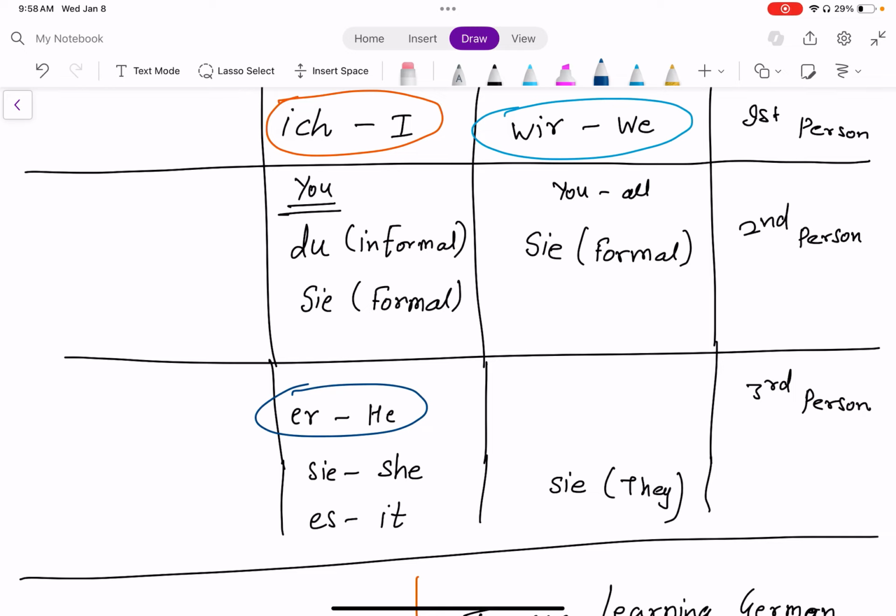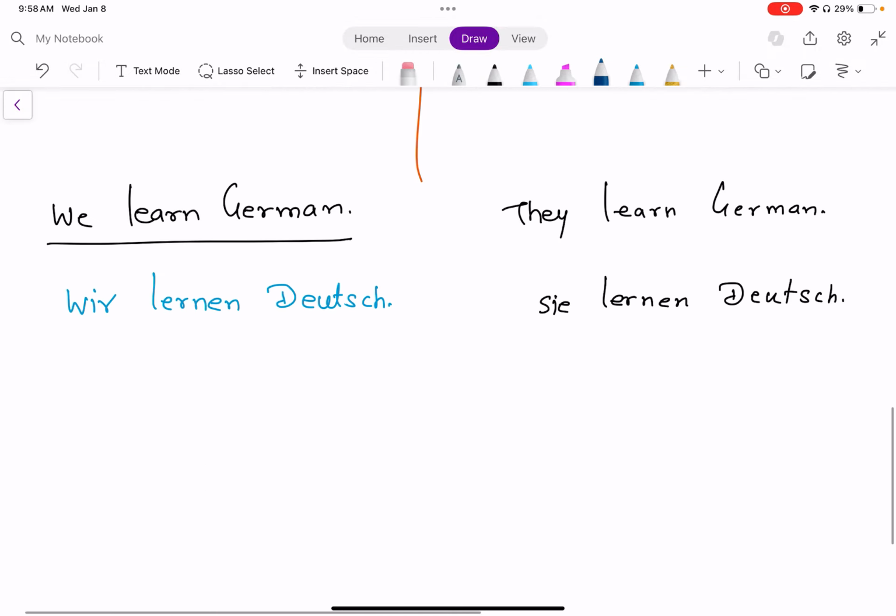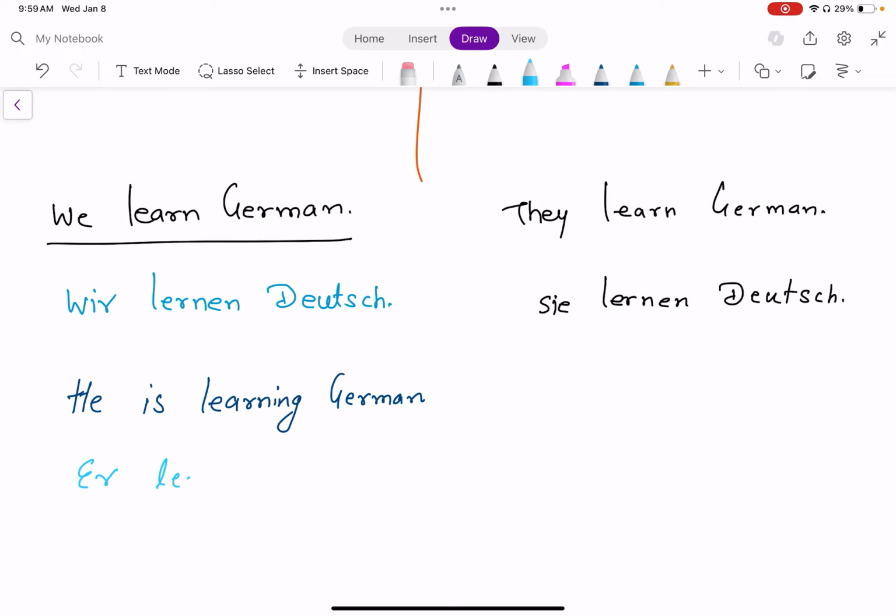So let's say we want to write he is learning German. Er lernt Deutsch. Er lernt Deutsch.